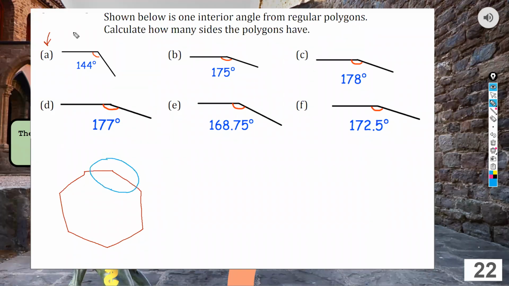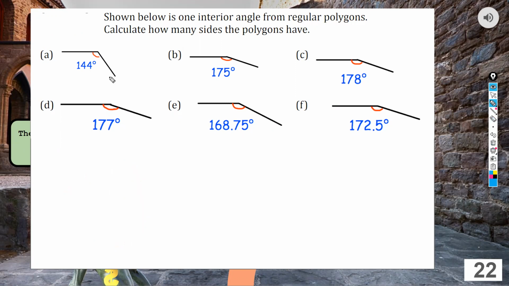The thing about it, when you draw it like this, you do not know how many sides the shape has. But it's a regular polygon. So what you at least know is that all the sides and all the angles are what?